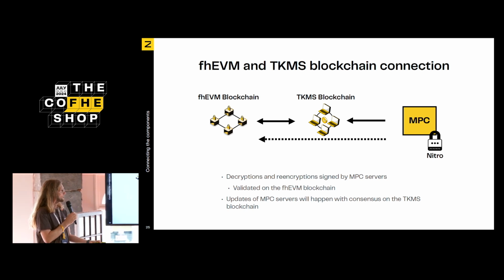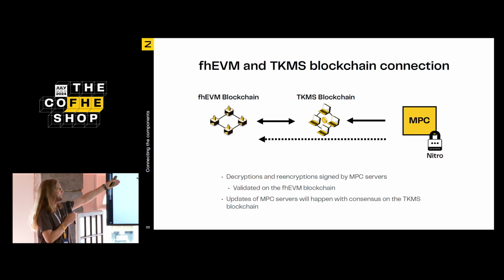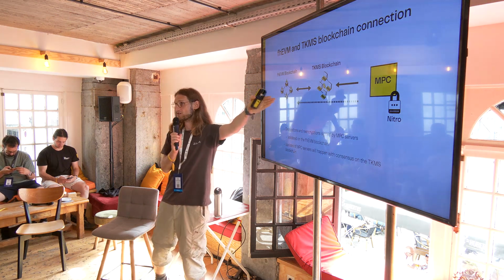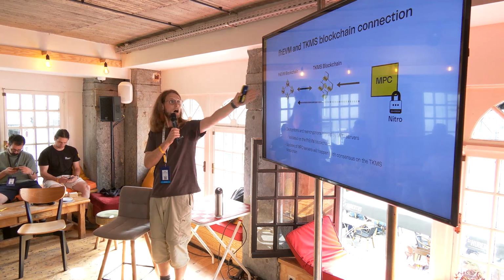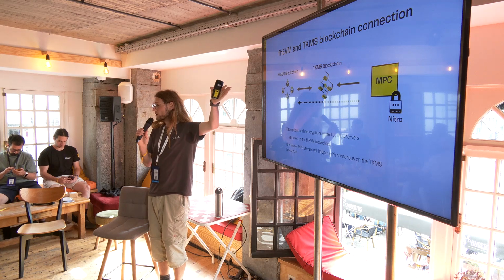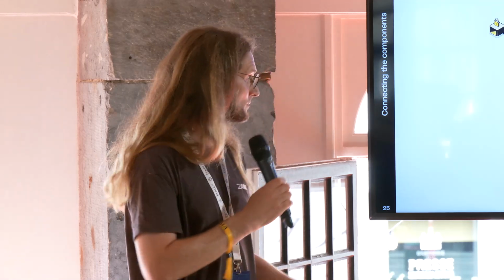For decryptions, everything will be based on trust of the signatures from the MPC servers, which can be validated on the fhEVM chain. And this is also through smart contracts, relayed through the threshold KMS, how the fhEVM keeps being aware of which servers are trusted and which are updated on the threshold KMS blockchain.